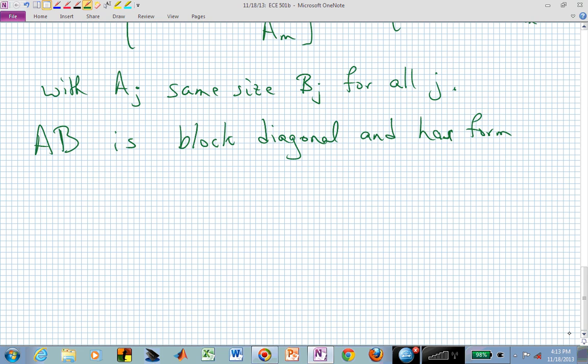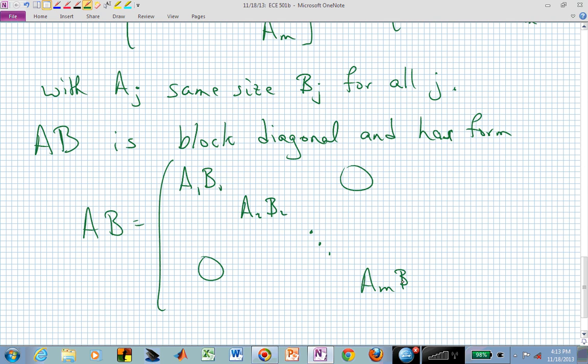Its form is probably what you would anticipate, and you can sort of push that through if you look at it with a specific example. You now have the product of A1 B1, A2 B2, all the way down to A sub m B sub m, and those are your only non-zero entries, and those form square submatrices along your diagonal.